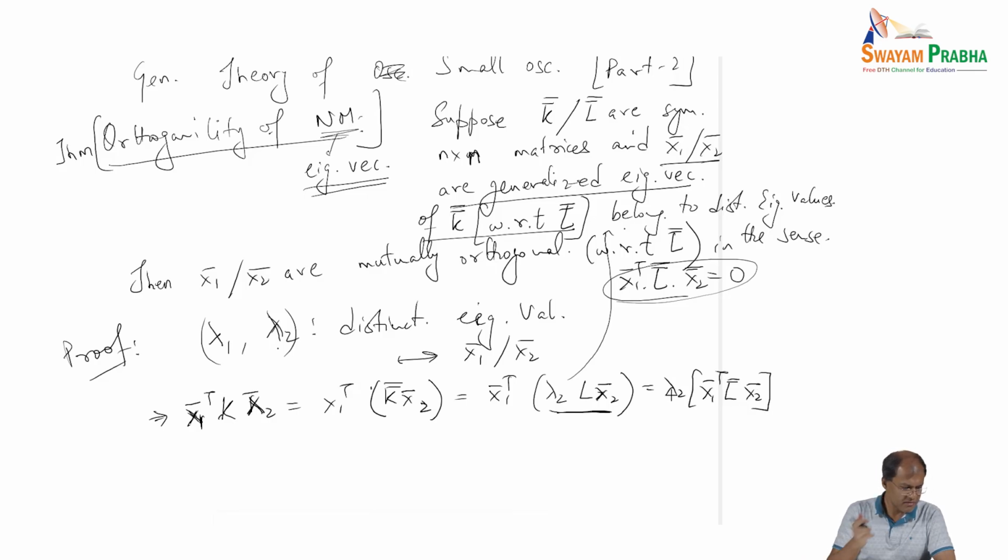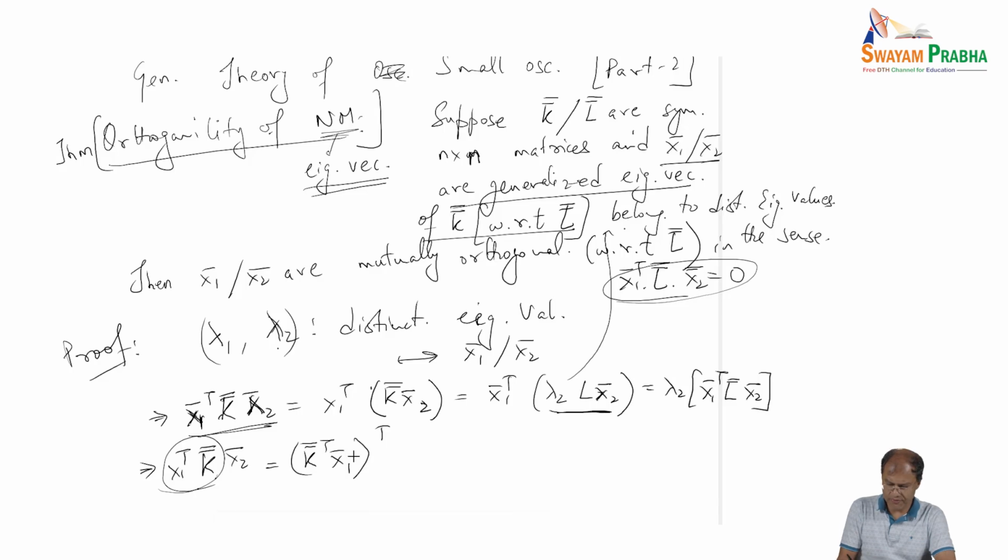Now let us look at this multiplication again. We see that this is x1 transpose Kx2, which is equal to K transpose x1, transposed.